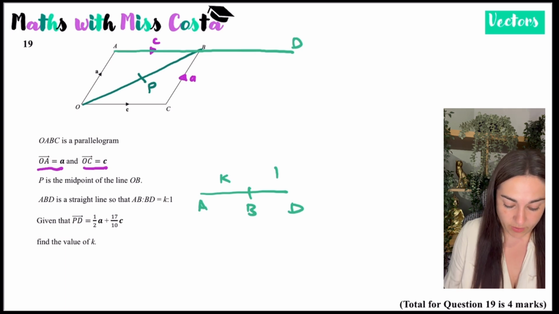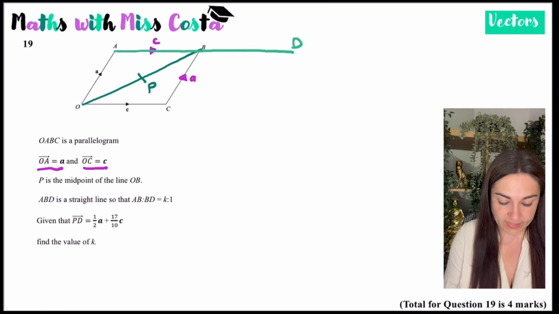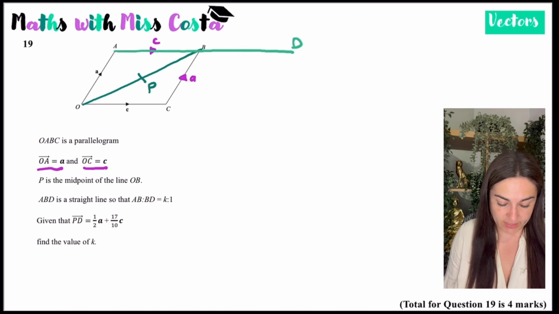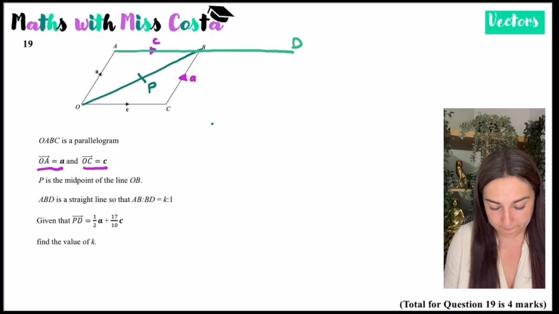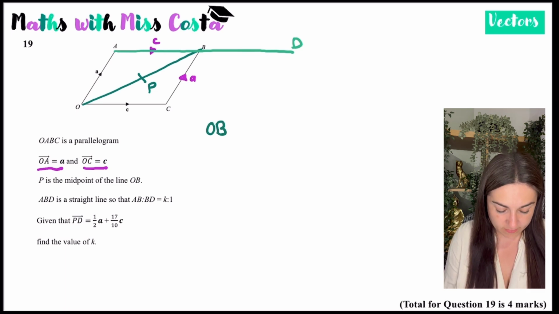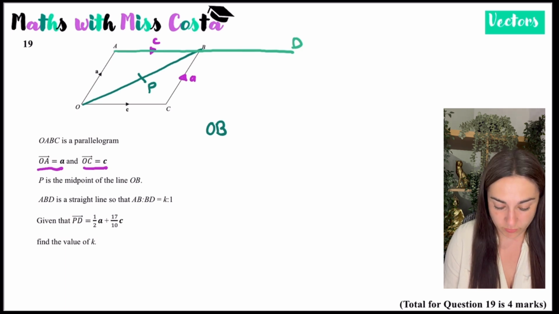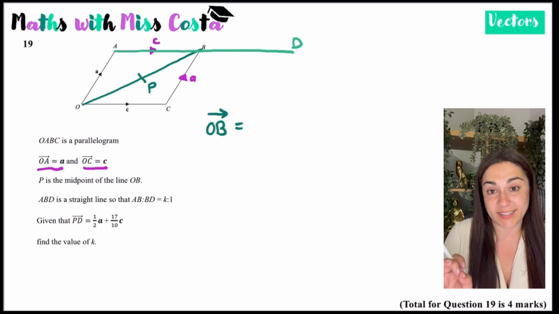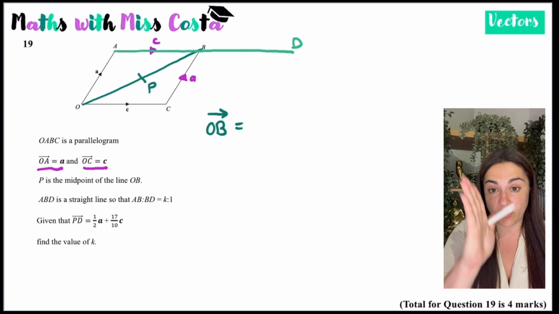Okay, so what I want to do here is first work a few things out. So I've been given OB as a line and told about P. So OB is probably going to be important. So we can start by trying to figure out what the vector OB is. So to get from O to B, remember with vectors, you can only go along given points.